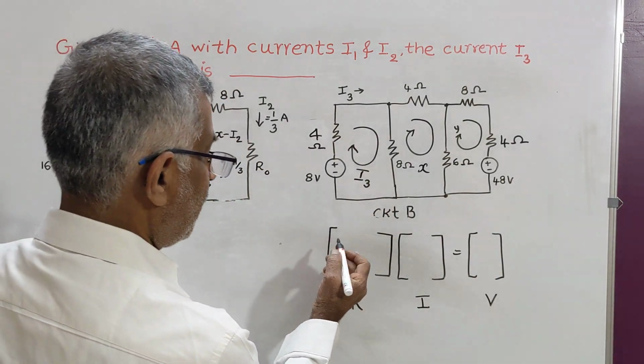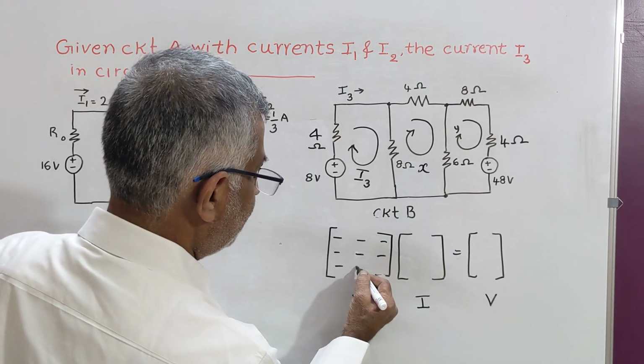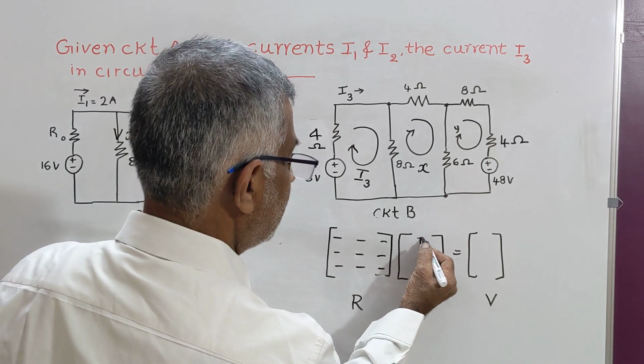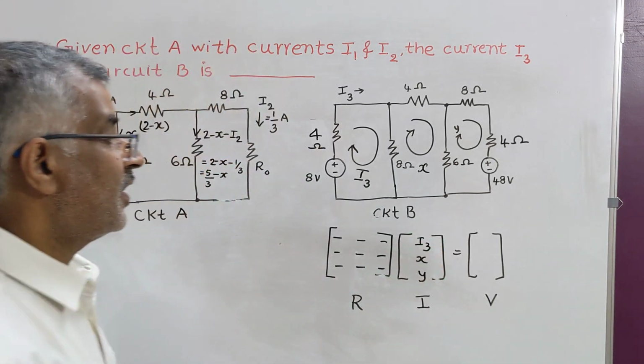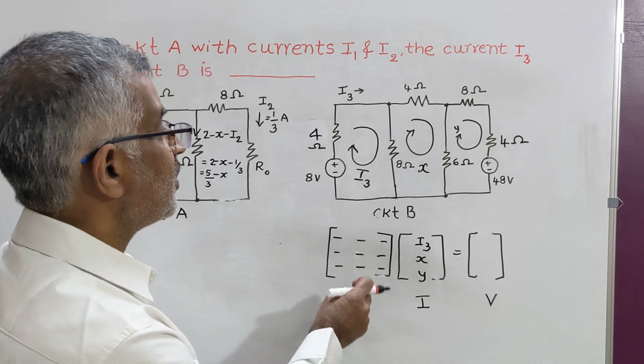Now first, there are 3 elements in each row and 3 columns. Now I will fill up the resistance matrix.